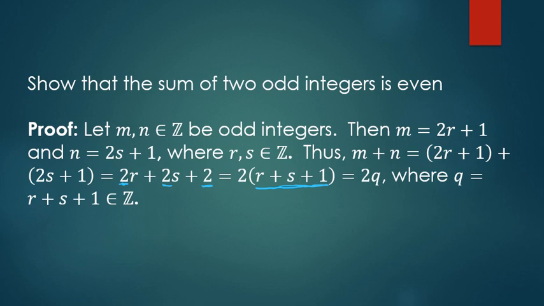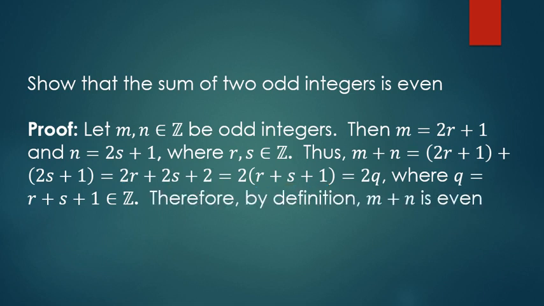So what I've done here is I've shown that m plus n is equal to 2 times some whole number. By definition, that means that m plus n is even. And thus we've shown that the conclusion has to be true. We've used basic definitions and just basic mathematical operations to show that if I have any two particular yet arbitrarily chosen odd whole numbers, when I take their sum, I get a number that's even.